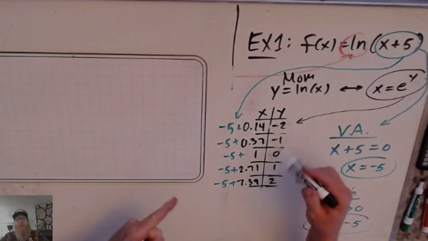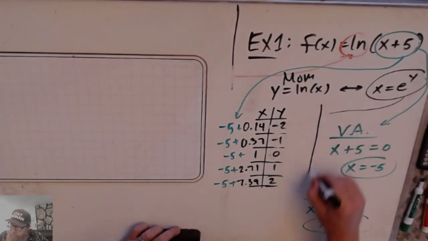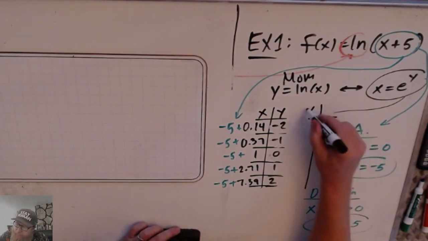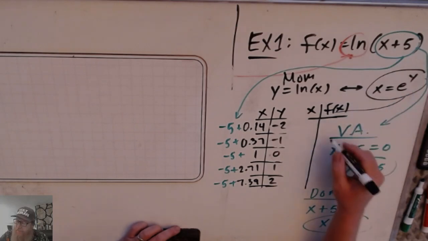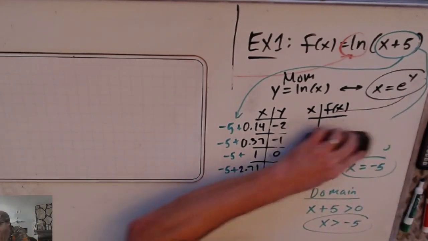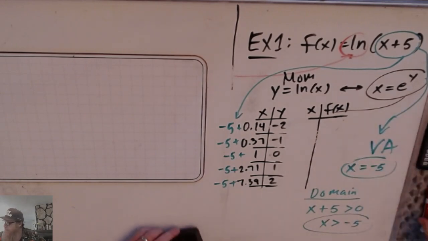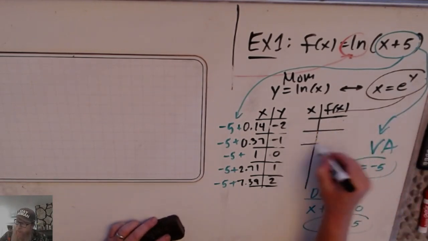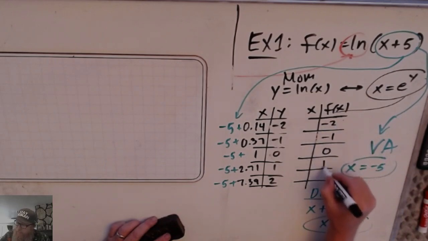So I'm going to need a new table here. Let's see if I can squeeze it in right here. There is no vertical shift, so the y values are going to stay the same. Let's just go ahead and put the y values in now. Negative 2, negative 1, 0, 1, and 2.